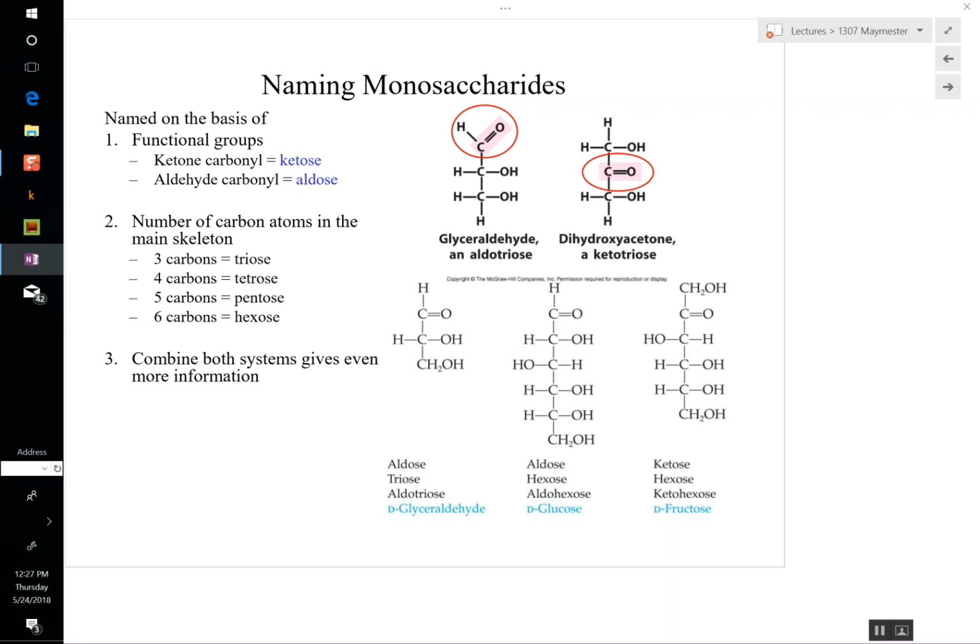Sucrose is a disaccharide. Glucose is a monosaccharide, so they're both saccharides, but they both end in OSE. So you can't tell whether it's a mono or a disaccharide. You're going to have to memorize a few disaccharides. Just know that they're disaccharides.